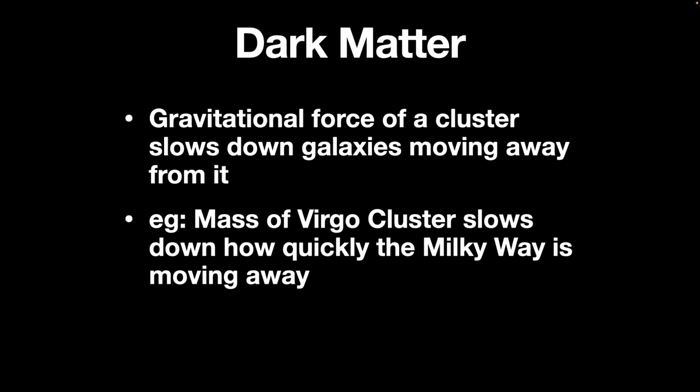The mass concentrated at the center of the Virgo cluster exerts a gravitational force on the local group. The local group is still moving away from the Virgo cluster due to the expansion of the universe, but gravity is slowing that down just a little bit, but enough to measure. We can compare our measurements to what we think should happen from Hubble's law and get an estimate of the amount of mass in the cluster.